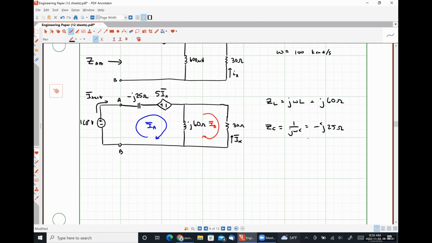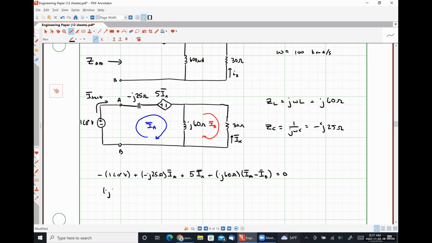And from here, I just need to write my two KVL equations, right? So I would have negative 1 angle 0 degrees volts plus minus j25 ohms times IA plus 5 IX plus j60 ohms times (IA minus IB) is equal to 0.